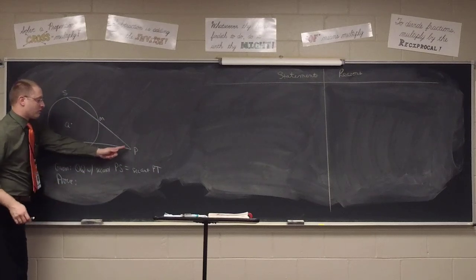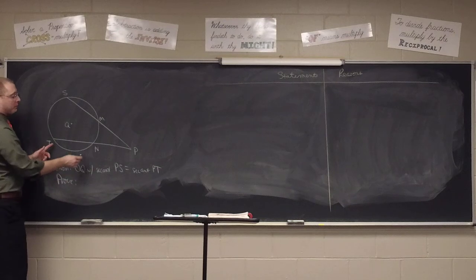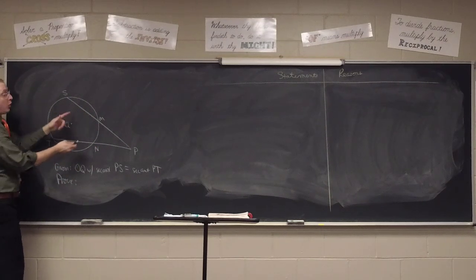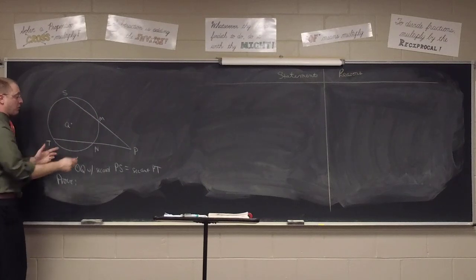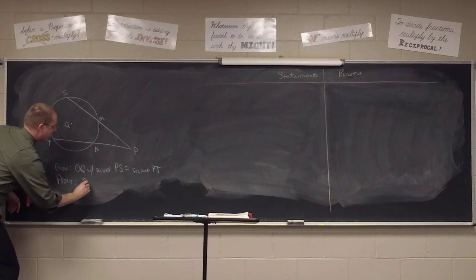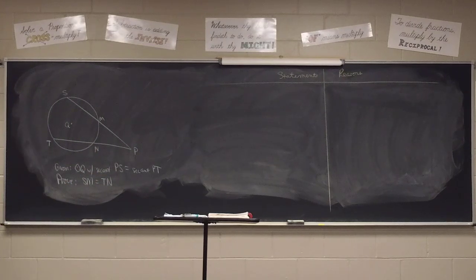Well, a secant consists of part chord, part piece on the outside. We want to prove that if the secants themselves are equal, then the chord portions of them must be equal, which would mean that they would be equidistant. So prove that SM equals TN. Sorry, my brain was ready for arcs. Prove that chords are equal. All right, prove that SM equals TN.